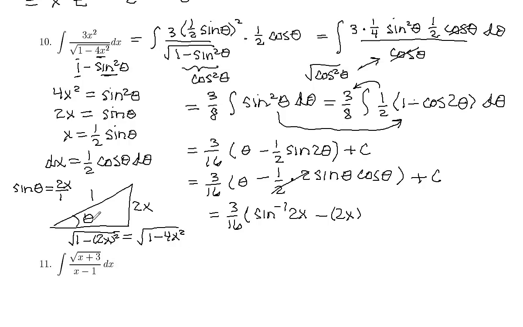Well, here's our theta. Cosine is adjacent over hypotenuse. So that's going to be times root 1 minus 4x squared over 1. And we don't need to write the over 1. So it's just root 1 minus 4x squared. And close up our parentheses, plus c. And ta-da! We've got it. And we have to say ta-da on that one because this was a lot of work.